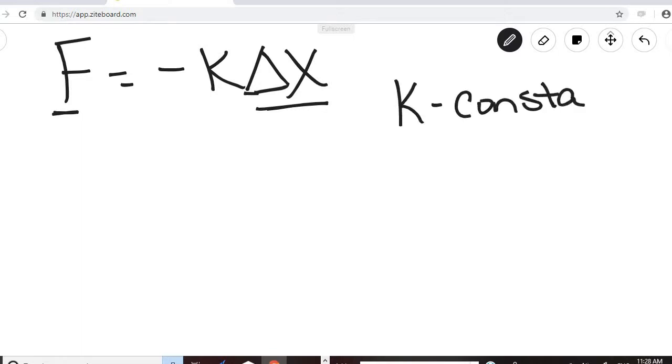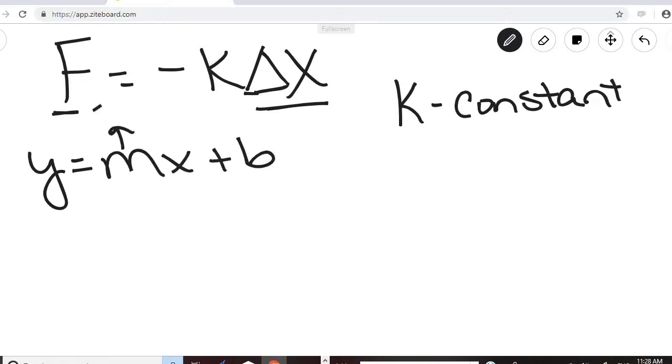And let me very quickly, I'm not going to ask you to reproduce this, but just to show you. You probably remember from algebra that y is equal to mx plus b, and m is the slope of the line, and b is the y-intercept.